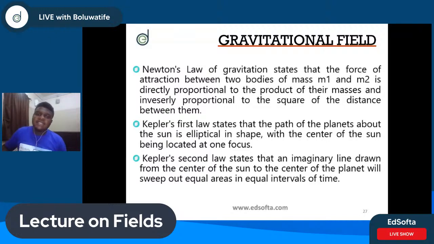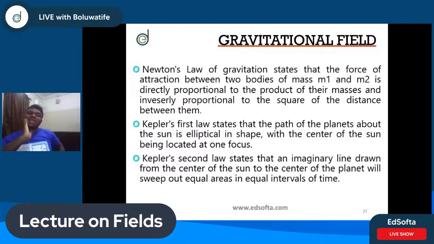The diagram is simply the orbits around the sun, and they are elliptical in shape, and everybody seems to be orbiting around the sun. So that's what Kepler is saying, that the path of planets around the sun is elliptical in shape, with the center of the sun being located at one focus.